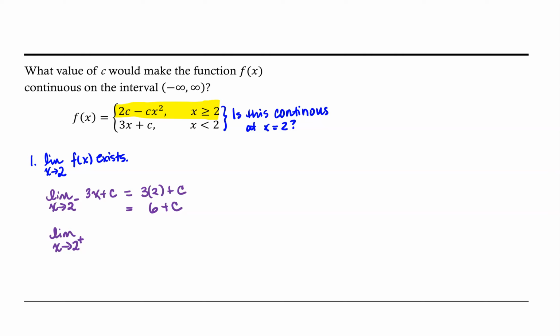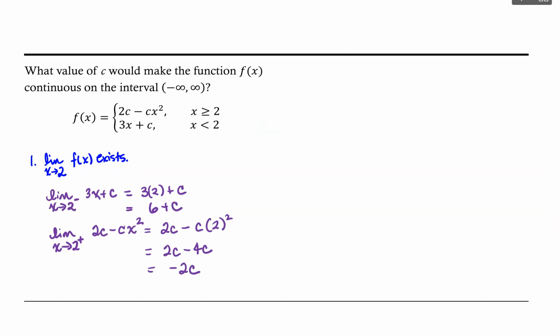So we would have 2c minus cx squared. And taking that limit, we would have 2c minus c times 2 squared. Simplifying here, we would have 2c minus 4c, which simplifies to be negative 2c.